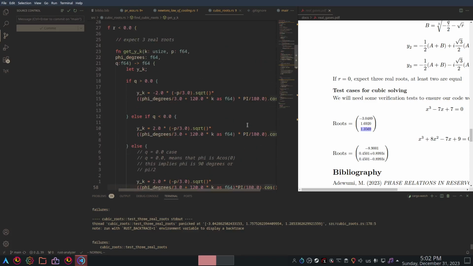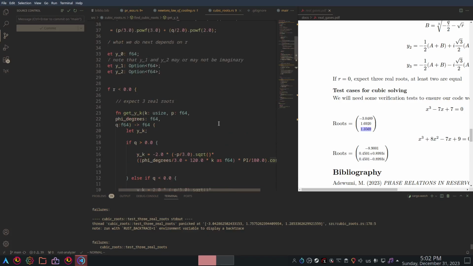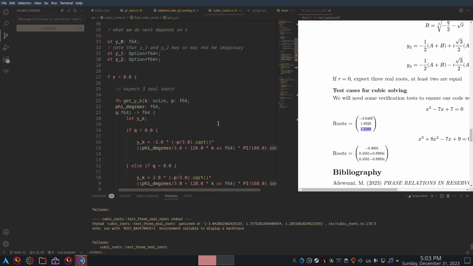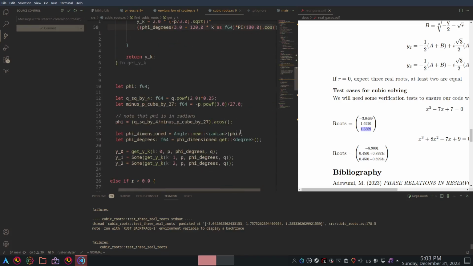My guess for the time being is that the constant conversion between degrees and radians, in a very imprecise manner, is the problem. What do I mean by that?